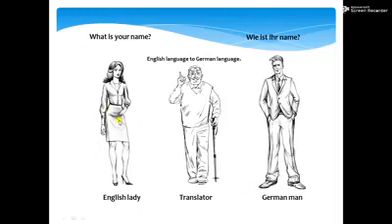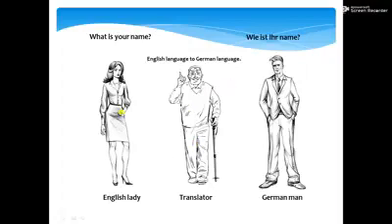Neither the English speaking lady understands German, nor the German speaking person understands English. Therefore, they request a person who knows both languages, English and German, to help them communicate with each other, and that person is a translator.